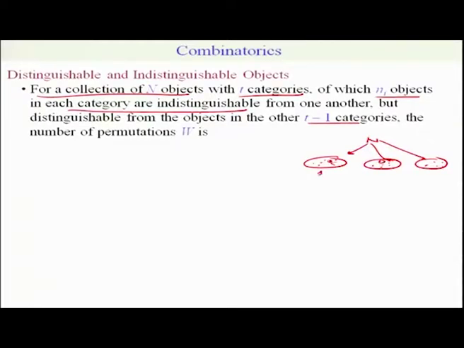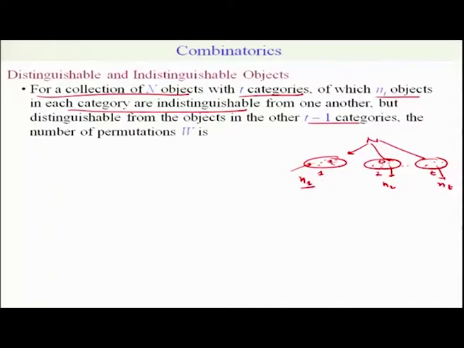So, this is, let us say, category 1, this is 2 and this is t, and in each one you have n1 objects, n2 objects and nt objects. So, n1 is of type 1, n2 is of type 2 and so forth, nt is of type t. Among nt, all are of the same type and thus cannot be differentiated from each other. On the other hand, an object from category t can be differentiated from an object from category 2, for example.